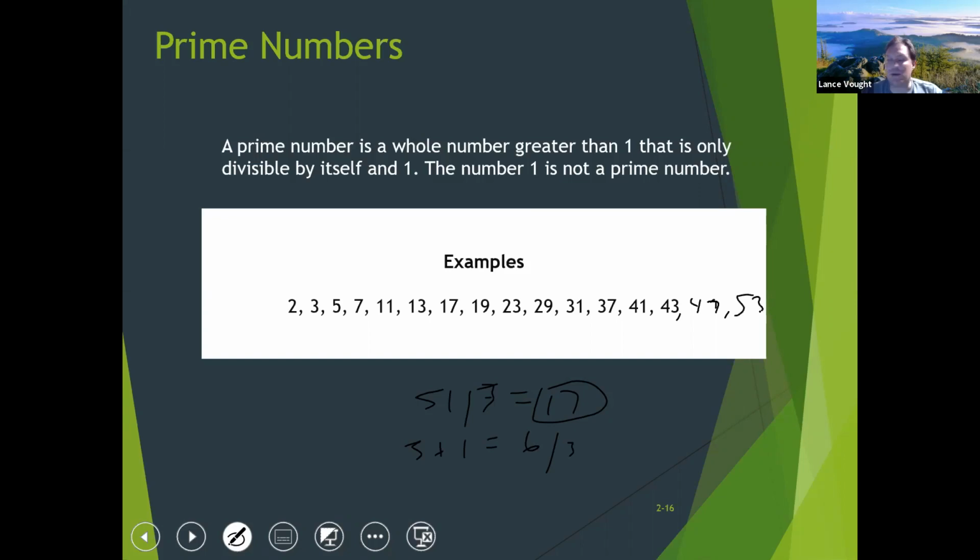53 is the next prime number. And then 55 is divisible by 5. 57 is divisible by 19.